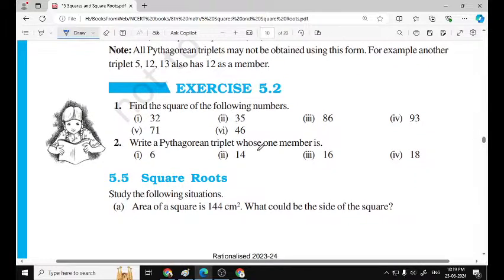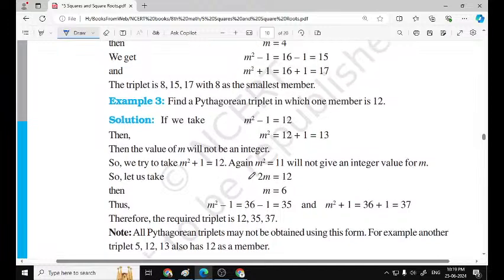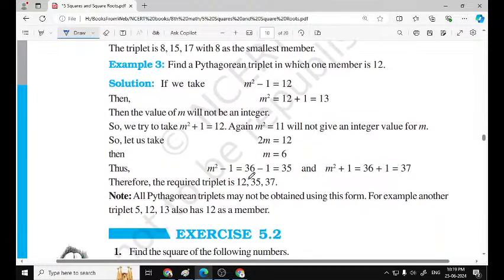Find the squares of the number. Write a Pythagorean triplet whose one number is given. Okay, one member is 12. If one member is given, let us see how to find the remaining two numbers.